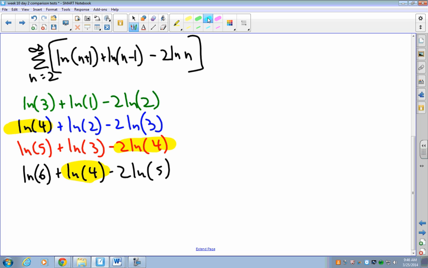I'm going to have an ln of 3 and an ln of 3. Have I passed through those ln of 3's? But I get to cancel those out. Guys agree with that? Do you agree that I will have an ln of 5 here, an ln of 5 here, and it should cancel out?